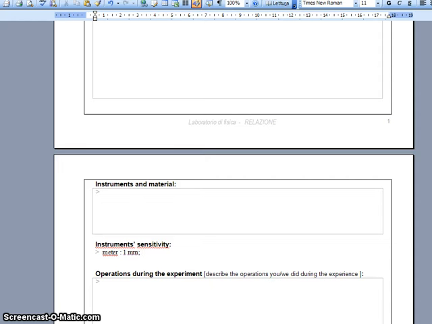Also we have to write something about the sensitivity of the chronometer. We know we used the chronometer with a sensitivity of 0.01 second, and we used an instrument to measure the mass of the object.